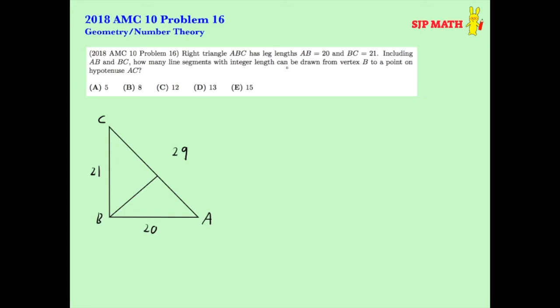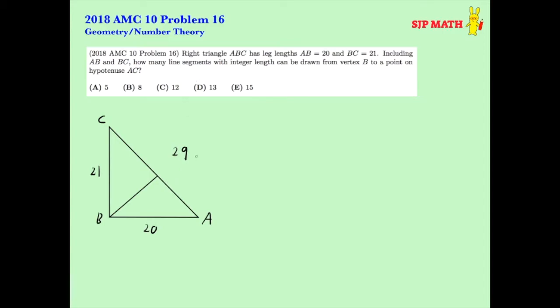So now we're going to look at this. We can clearly see that the shortest possible line segment drawn from vertex B to a point in AC will be the altitude from B to AC.